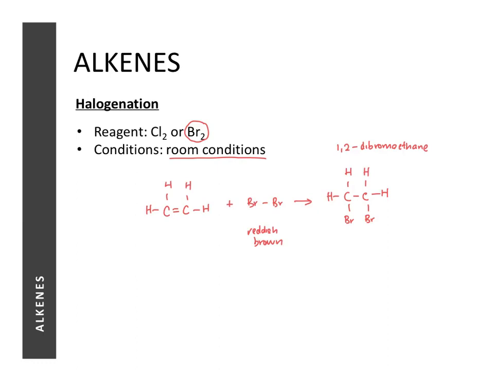When bromine undergoes addition to an alkene, the bromine will disappear. So there will be an obvious color change from reddish brown to colorless. For those of you who are interested, please go to YouTube and search for bromination of alkenes, and you will see the decolorization. We call it decolorization of bromine from reddish brown to colorless when it reacts with an alkene.